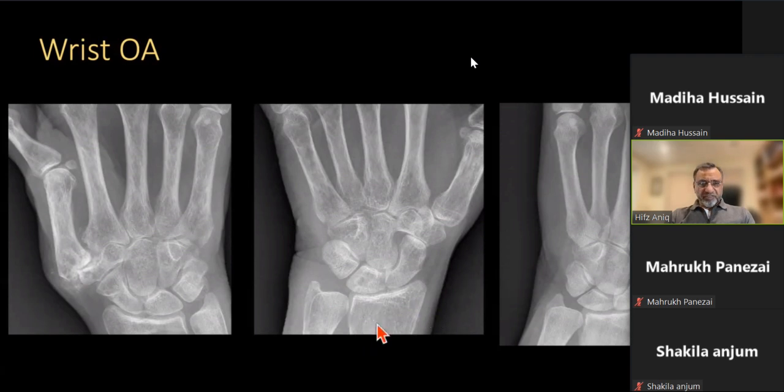If there is a distal radial fracture that particularly involves the alignment of the articular surface, it can lead to secondary arthritis of the radiocarpal joint. Even there can be some arthritis of the radiocarpal joint.